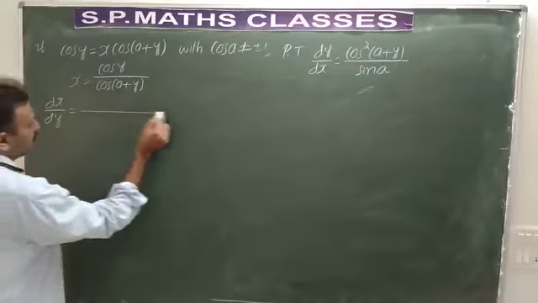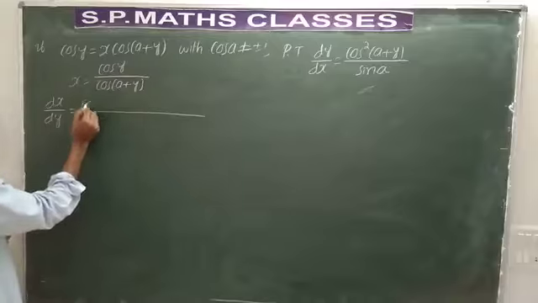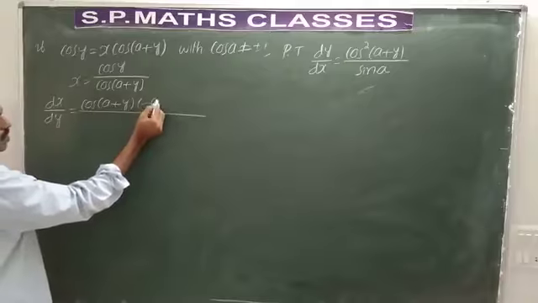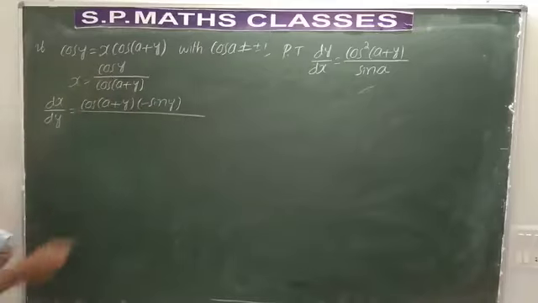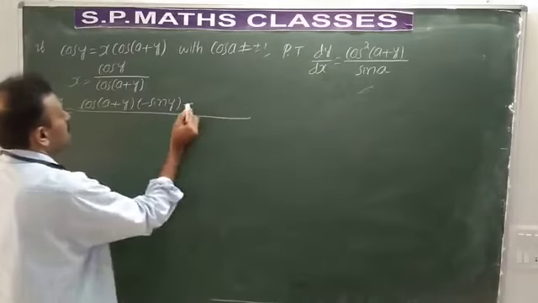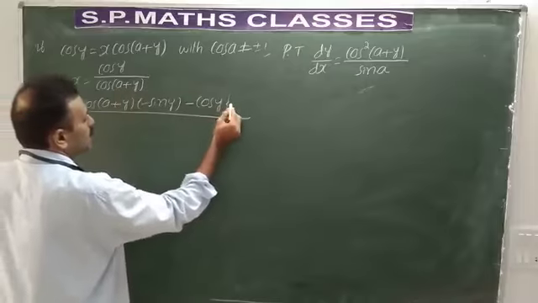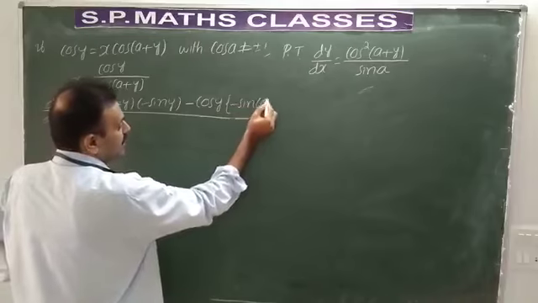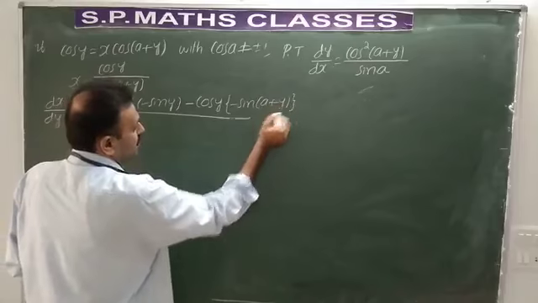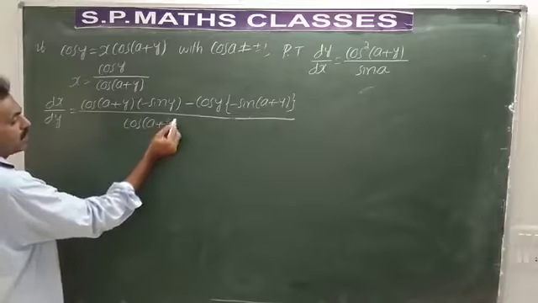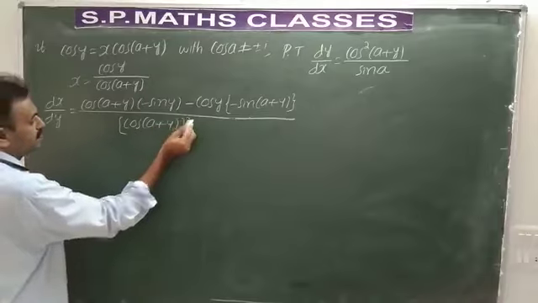So what happens when you differentiate RHS? Quotient rule: denominator, d by dy of numerator. What is d by dy of numerator? It is minus sin y. Minus numerator cos y, d by dy of denominator, minus sin of a plus y, divided by denominator the whole square, cos of a plus y the whole square.